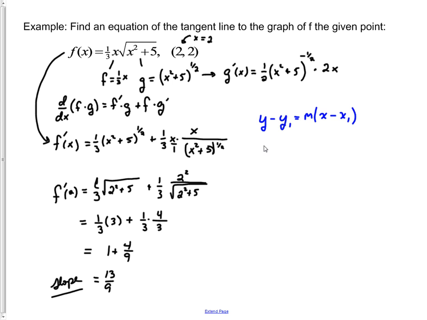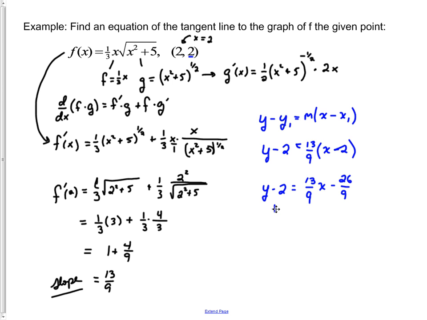We're going to get y minus 2 from here, our y value, equals our slope, in this case 13/9, times x minus 2. So putting this together to simplify it, it's going to become something like this: y minus 2 equals 13/9 x minus 26/9.